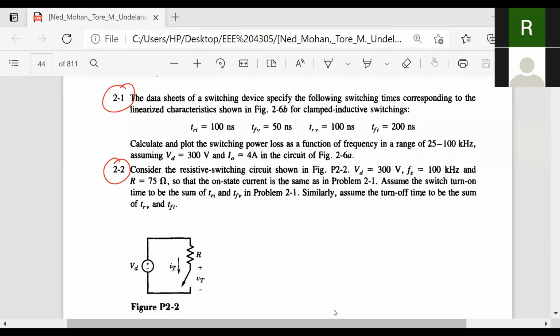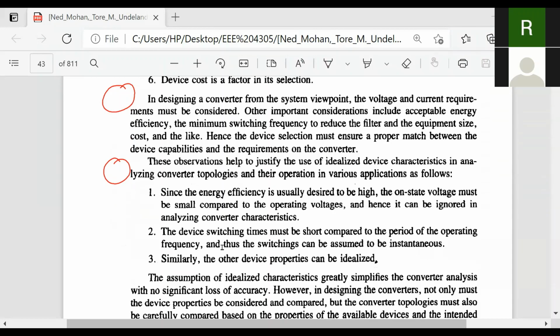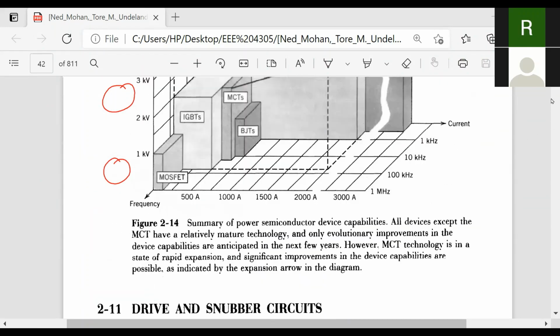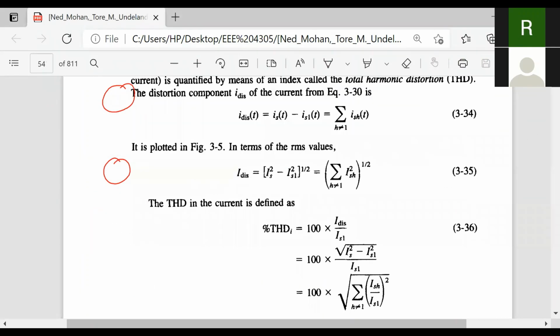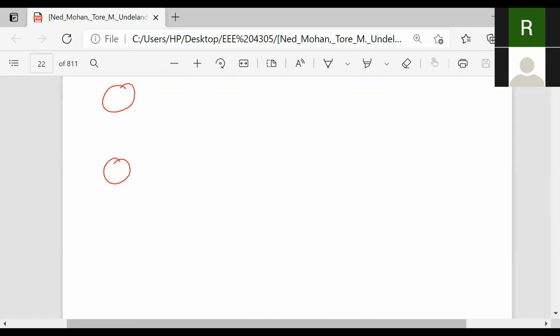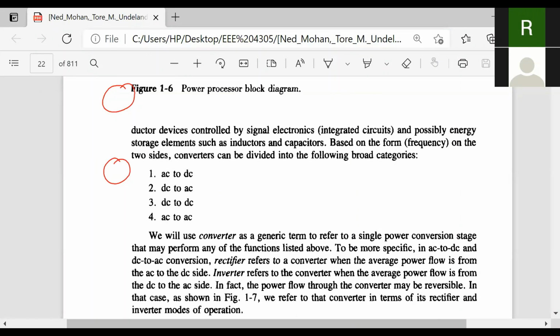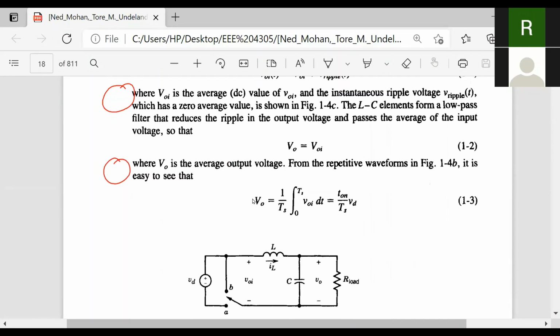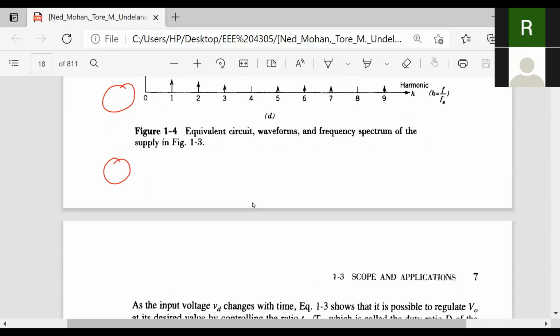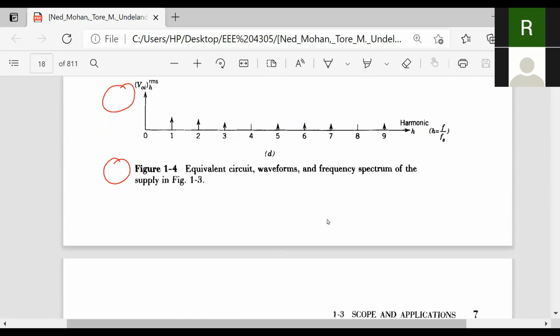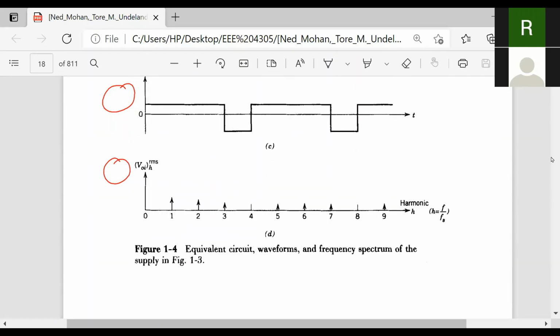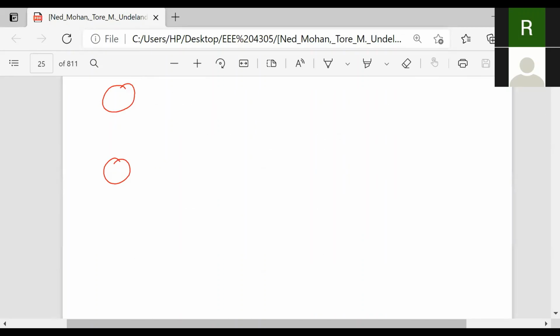Okay. Now let us put 6B. They mentioned that... Did I show you chapter 1 or chapter 2?